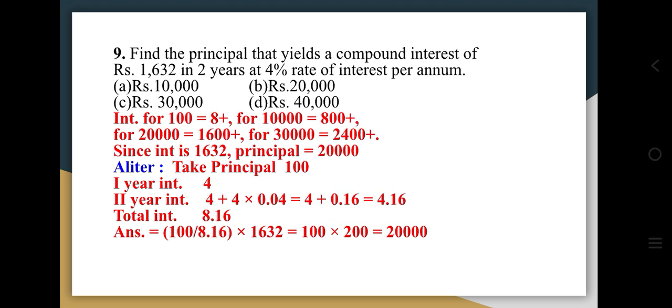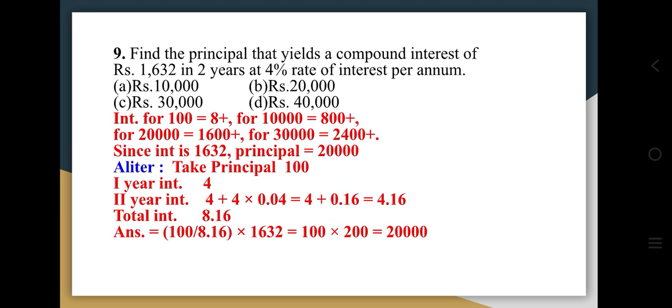We want what 1632 corresponds to. So divide 100 by 8.16, multiply that by 1632. So 100 by 8.16 into 1632.